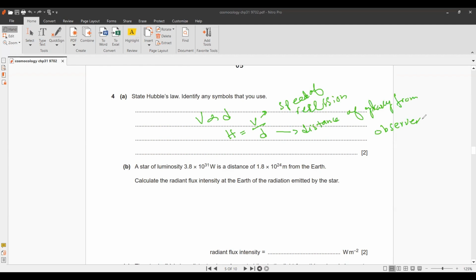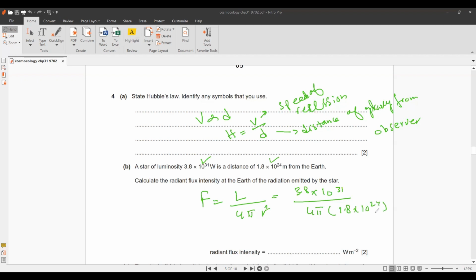Now we need to find the radiant flux density, which is given as F equals L over 4 pi r squared, or d squared. The choice is yours. So we have luminosity, we have distance. We'll simply put it into the formula and we get 3.8 into 10 raised to power 31 divided by 4 pi into 1.8 into 10 raised to power 24.